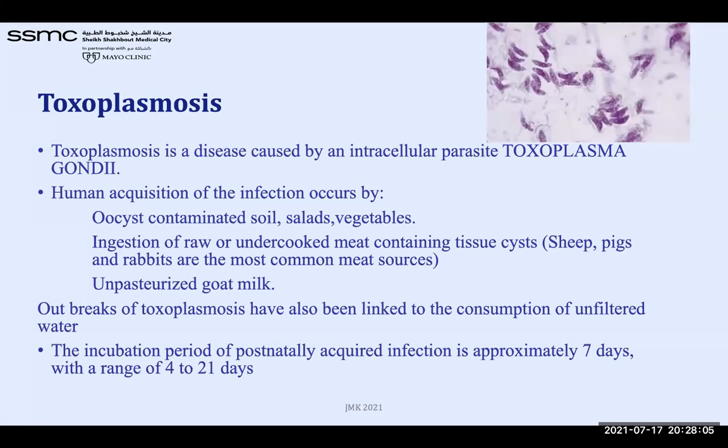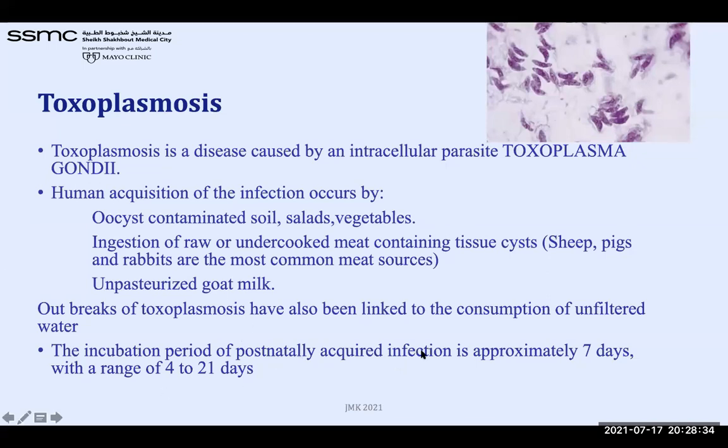That's why I think they did this study in 2018. But anyway, this is just my thought. Unpasteurized goat milk. I don't know, but Vikram maybe knows that it is used in our rural areas. But here in UAE, yes, they use unpasteurized goat milk in the rural areas.